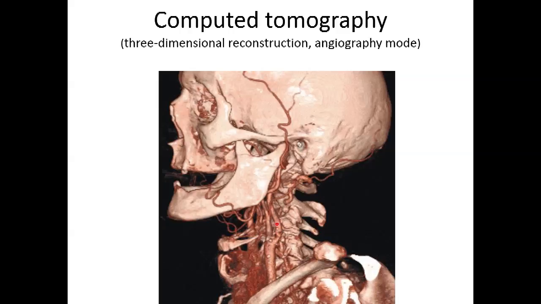It's very interesting that in this region, this is trigonum caroticum, these two vessels are situated quite strangely according to the name. For example, here it is more medially and more anteriorly located. It's arteria carotis externa.